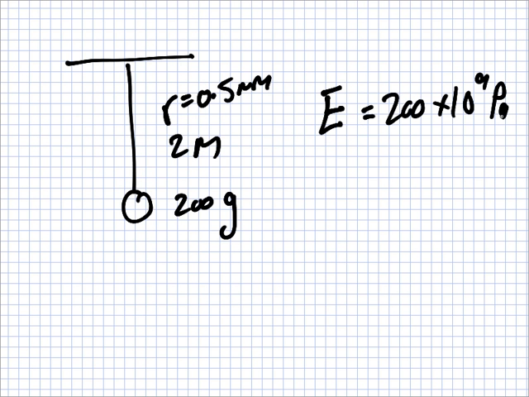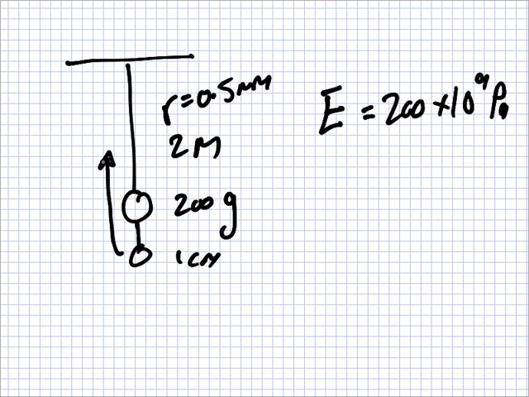Okay, and I tell you the radius, the diameter. He pulls it down 1 centimeter and releases, and the mass moves up. How long until it reaches its maximum height? So he stretches it down, he lets go, and it bobs up and down.